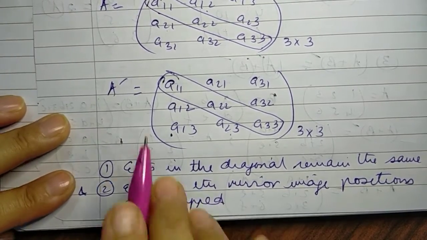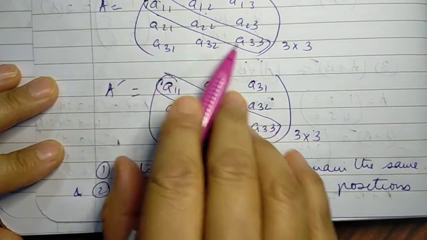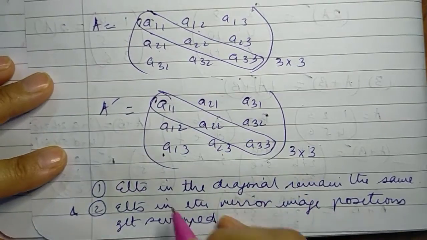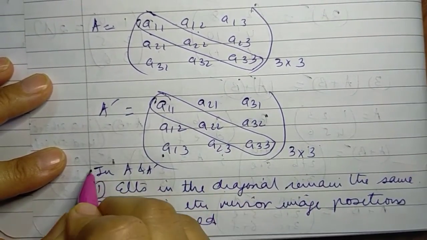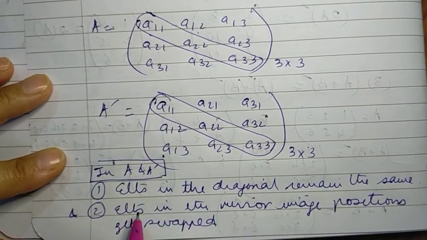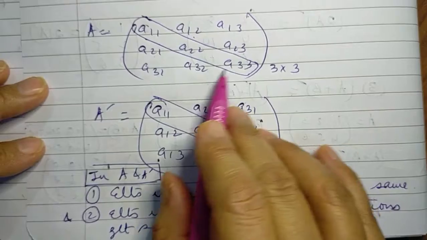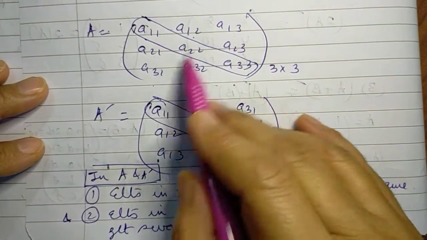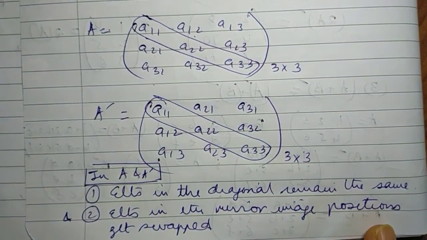So this is the case when you find the transpose. In A and A transpose, we observe that the elements in the mirror image positions get swapped, whereas elements in the diagonal remain the same.